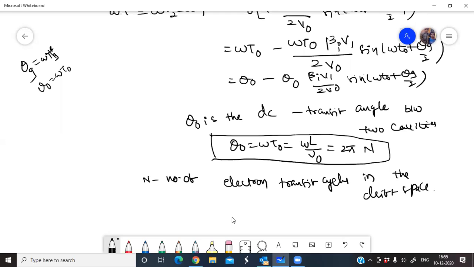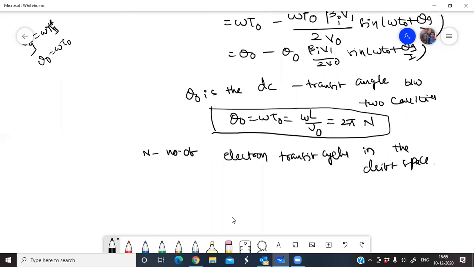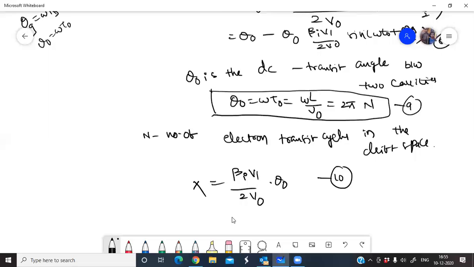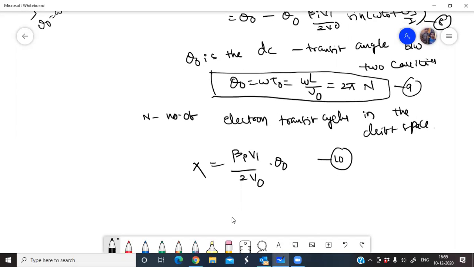And I want to define a parameter here. That parameter is x. The equation numbers are: this is equation number 8 and this is equation number 9. I define a parameter x equal to beta I v1 by 2 v naught into theta naught. This is equation number 10, a very, very important equation. All these are very useful when you go for the problems.